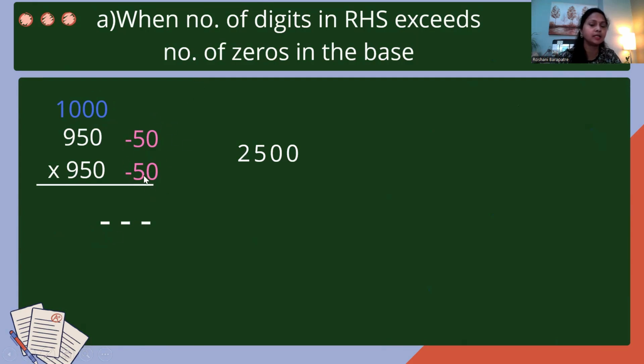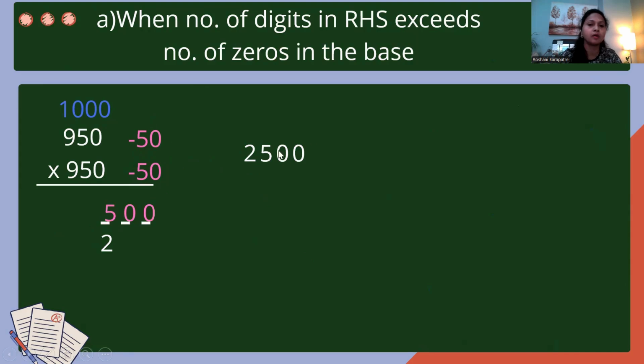If we multiply the differences, we will get 2500. See, if we multiply minus and minus, minus multiplied by minus will be plus. And 50 multiplied by 50 is equal to 2500. Now, here, 3 places will be occupied by 500 and this 2000 place digit will be the carryover.